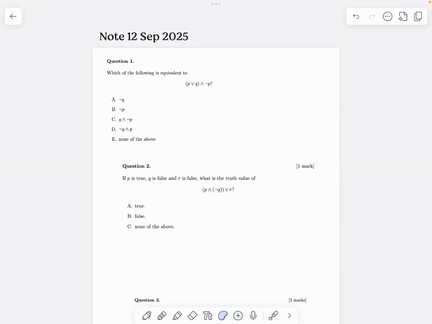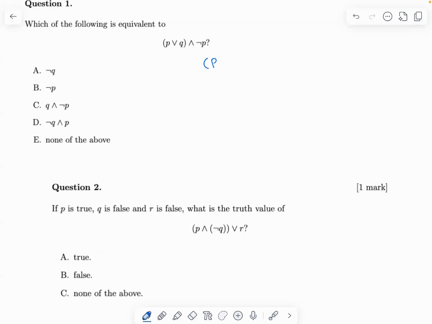The first question says simplify this one. If we finish this quickly, and if we have time, we will do more activities as well. So (P or Q) and negation P equals, can I distribute this inside the bracket, which is equal to (P and negation P) or (Q and negation P).